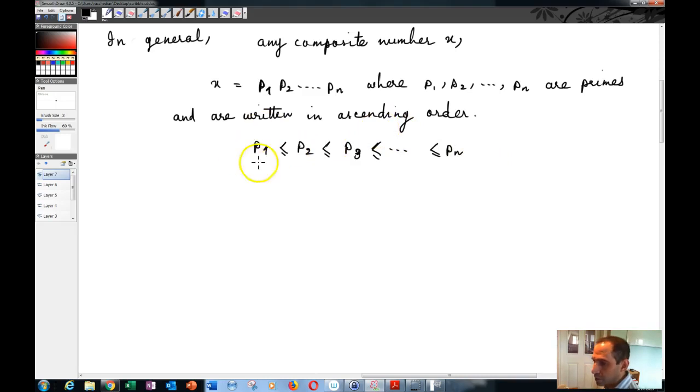Okay, so that means that these are in ascending order, and we are using this equal sign as well, because p1 could actually be equal to p2, meaning that you could have, for example, 2 factors of 2 or 3 factors of 2, and so on and so forth. So if you combine the same primes, we will get powers of primes.